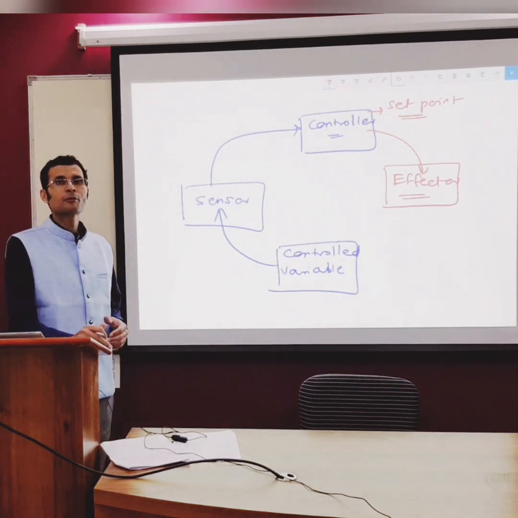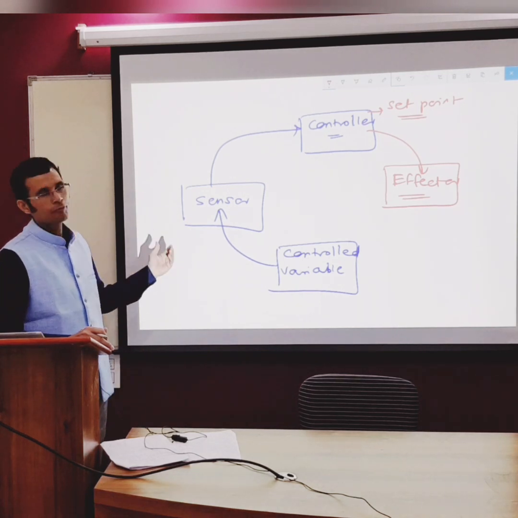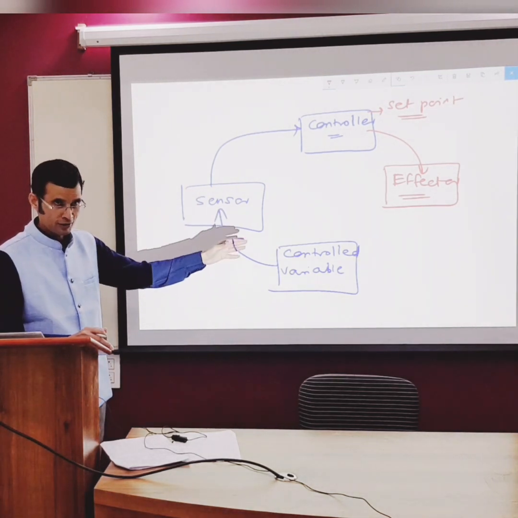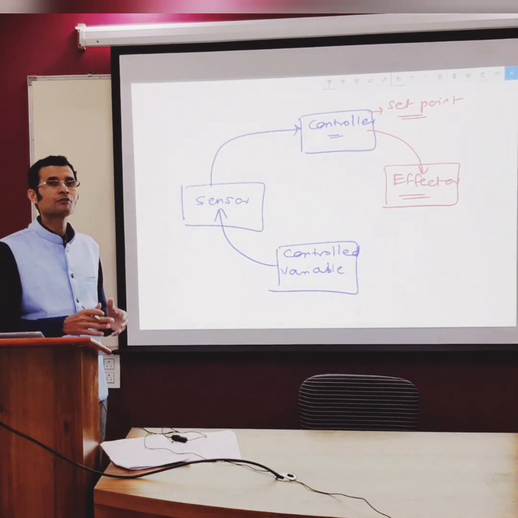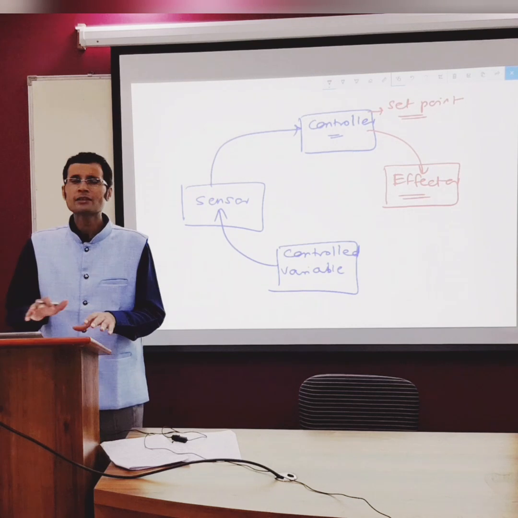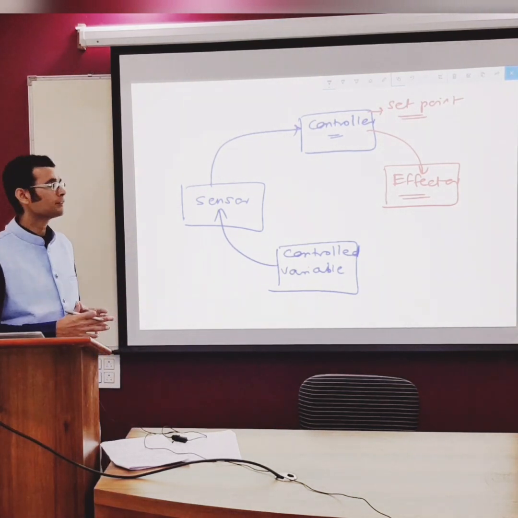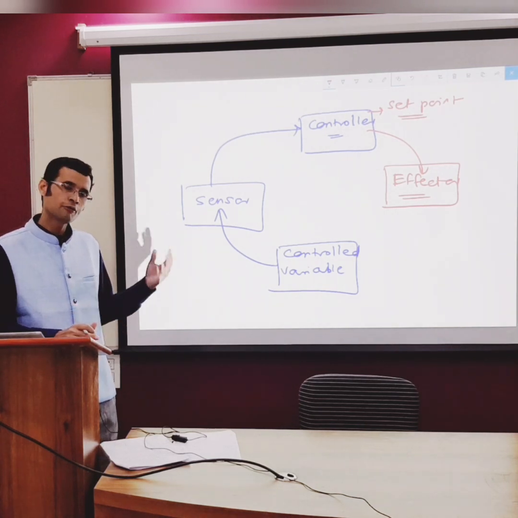In the case of blood pressure, we said baroreceptors are the sensors, vasomotor center is the controller, then effector organs will be heart and blood vessels. So that's the schematic model, and based on this, all the organ systems and regulatory mechanisms function.